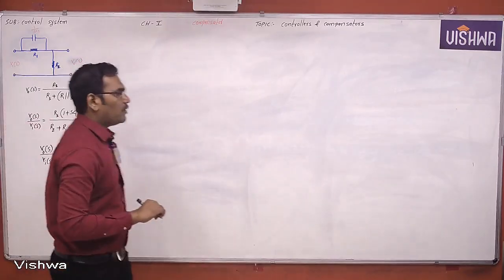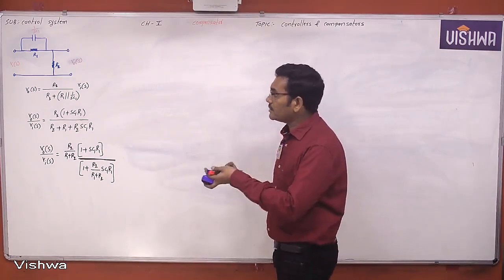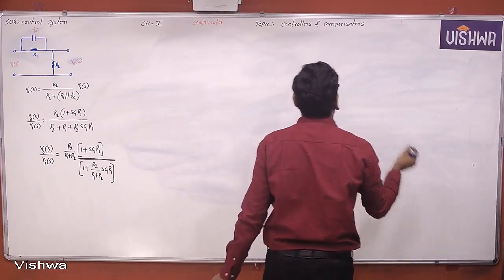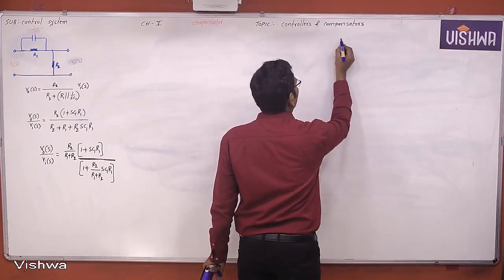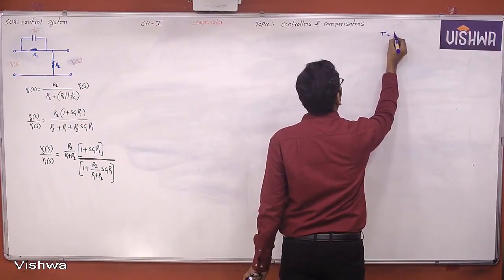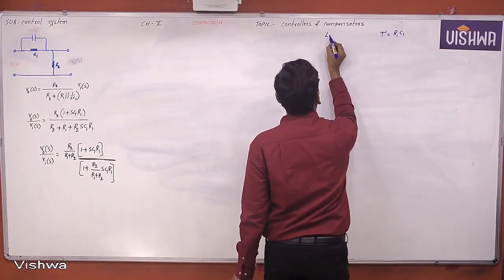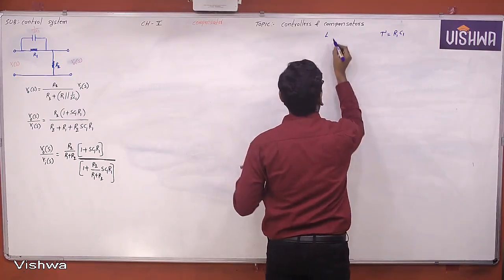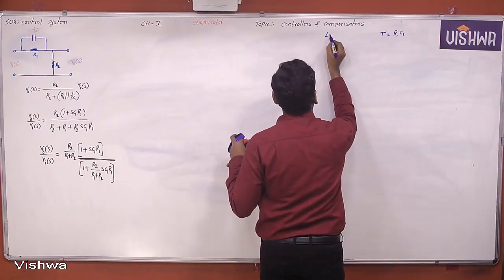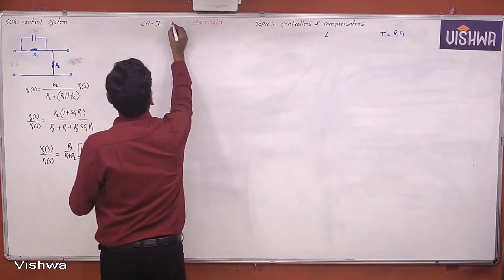So if you observe here, that is the transfer function. Now can I write it like this? This is the time constant, which is R1C1. He is saying this is some compensator, let us assume it may be a lead compensator. So he is saying that this compensator is a lead compensator.